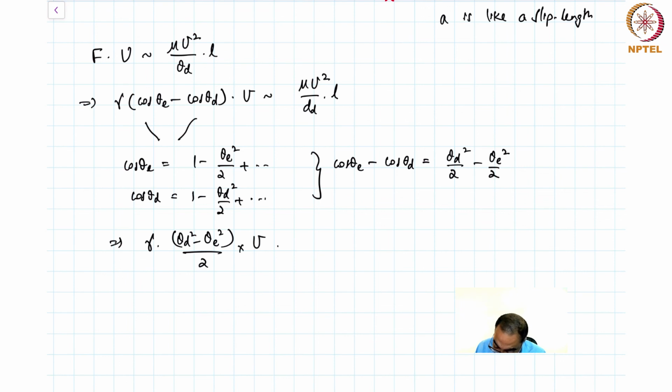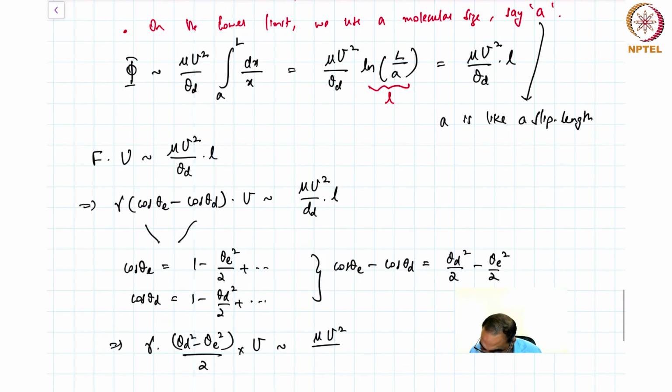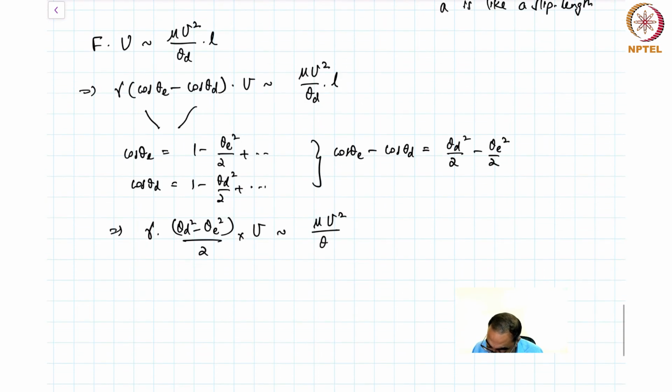Okay, and this immediately gives me gamma times theta d square minus theta e square by 2, multiplied by velocity, will give me mu u square by theta d times this L, right? Or in other words, I can cancel out one u here, and now on the right hand side I have mu u by gamma.